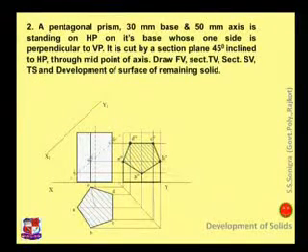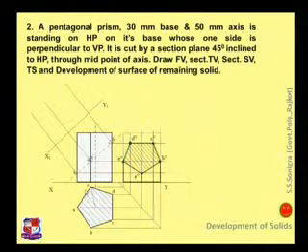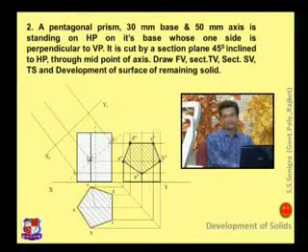For that, draw an auxiliary line over here which is parallel to this cutting plane line. This is the cutting plane line. Draw a line parallel to it, and then draw lines perpendicular to this cutting plane line from each intersection point, that is A dash, B dash, C dash, D dash, and E dash.